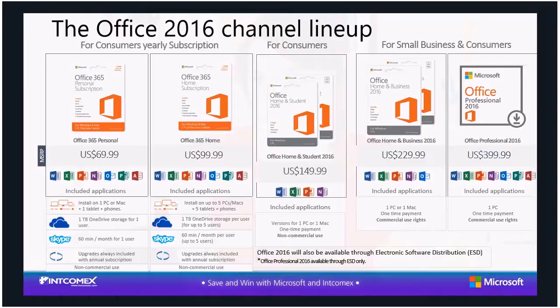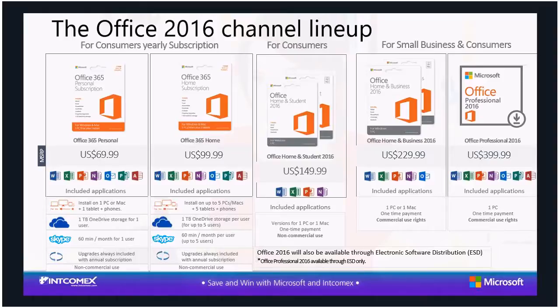So it's an electronic license. What disappeared from the lineup is the Office Professional FPP box. We do not have that version anymore, but we do have the electronic version of the Office Professional, which includes Word, Excel, PowerPoint, OneNote, Outlook, Publisher, and Access for one PC and one-time payment.